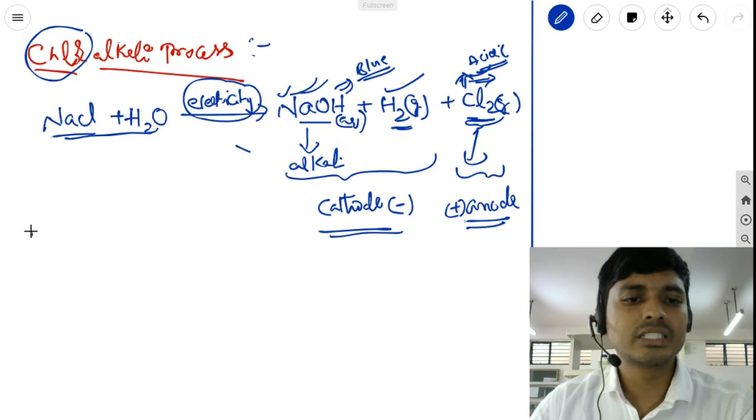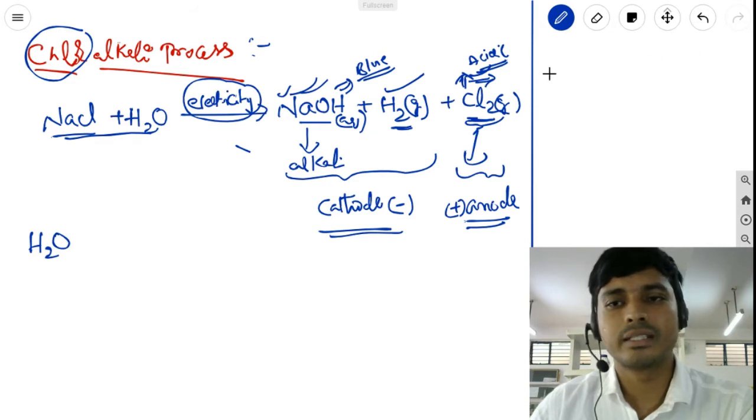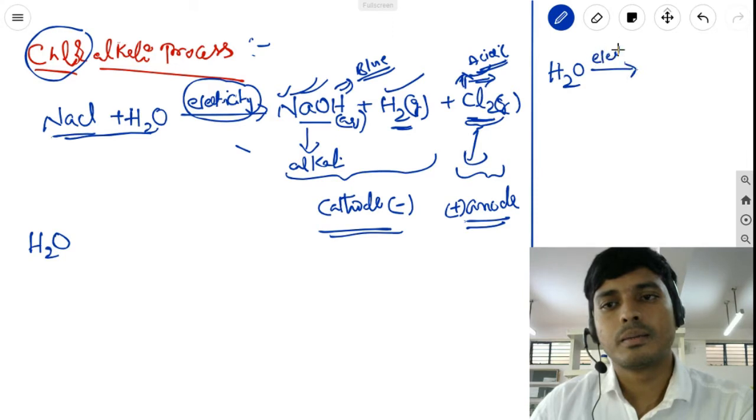If you do simple electrolysis of water, I will write this here. If you do electrolysis of H2O, you will get hydrogen gas at the cathode and oxygen gas at the anode.